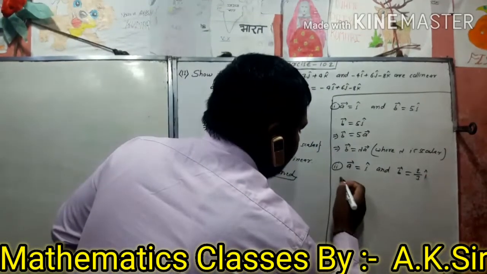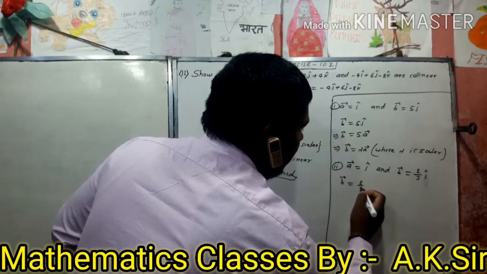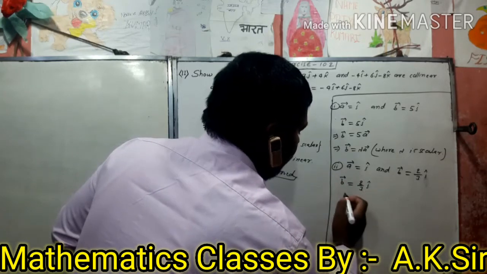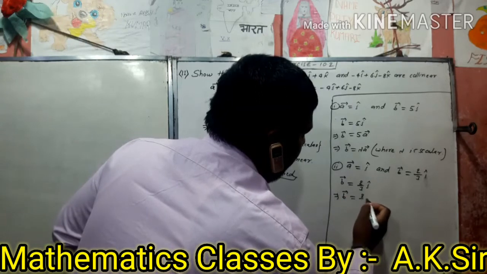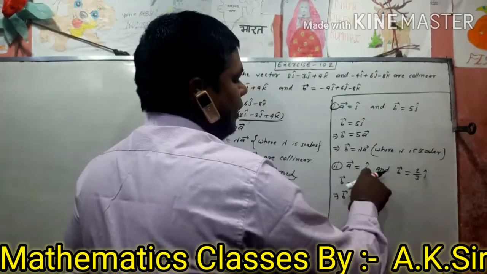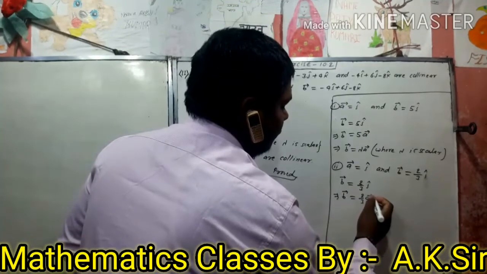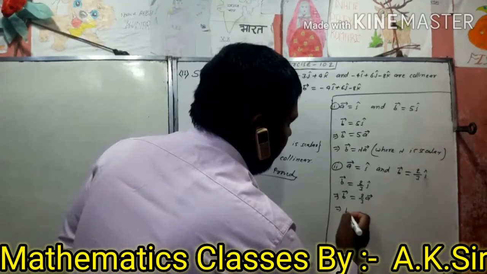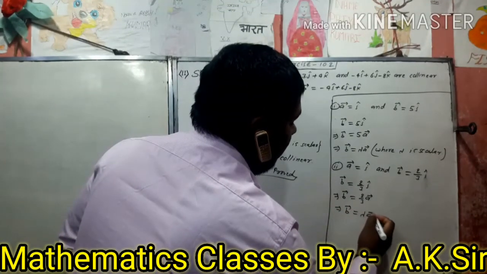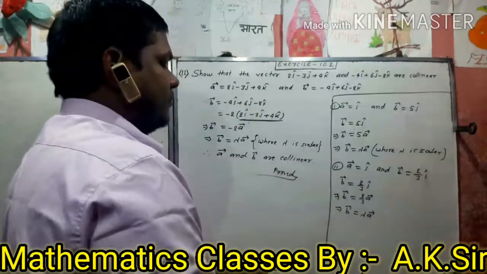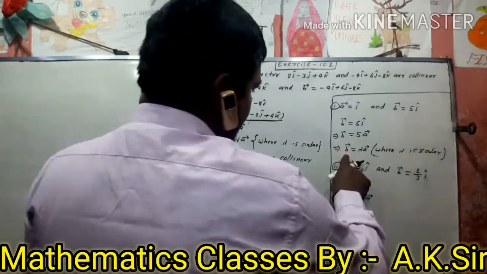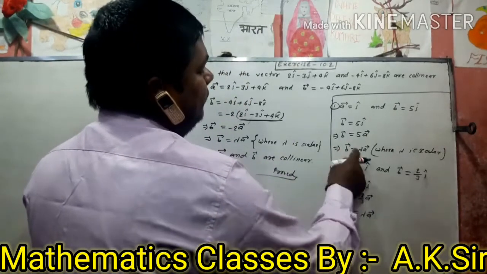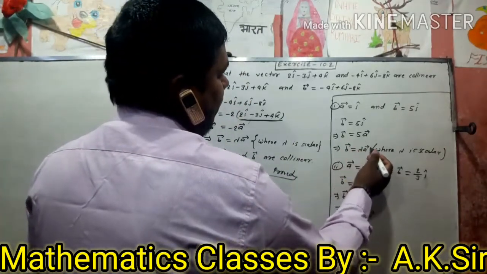You see here, B vector is equal to 2 by 3 i cap, which implies that B vector is equal to 2 by 3 times A vector. It implies that B vector is equal to lambda A vector.